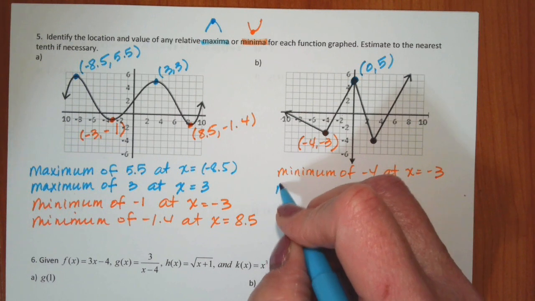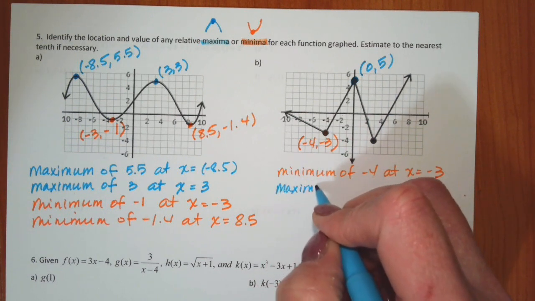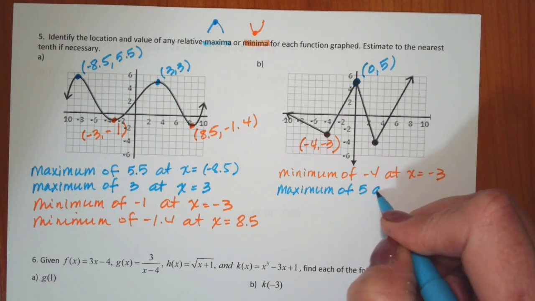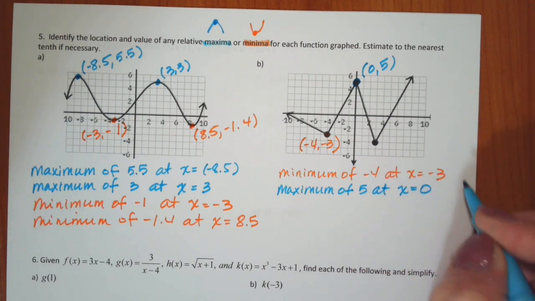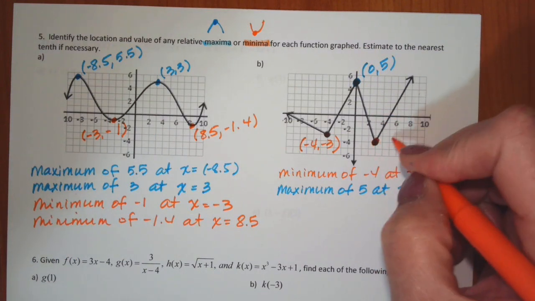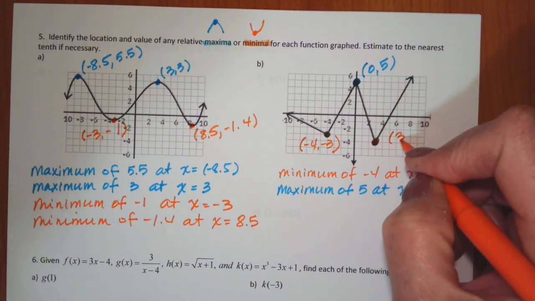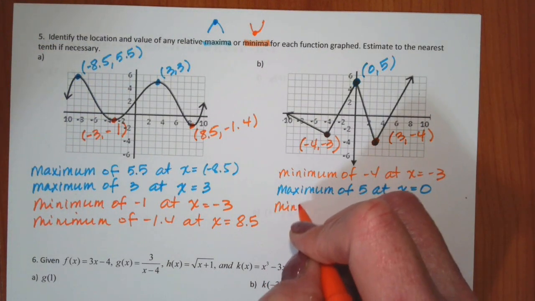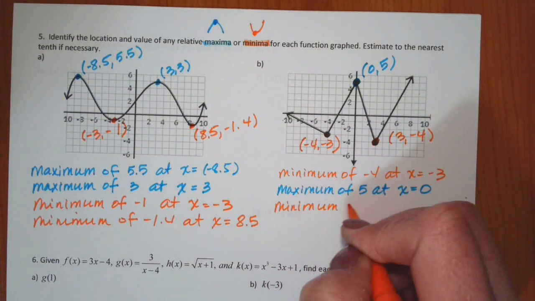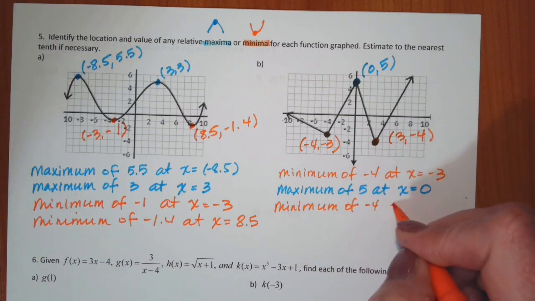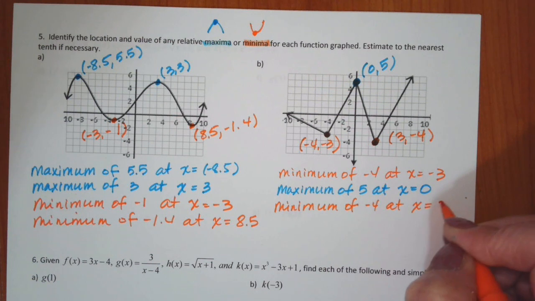So I have a maximum of 5 at x equals 0. And then I've got another minimum here at 3, negative 4. So I have a minimum of negative 4 at x equals 3.